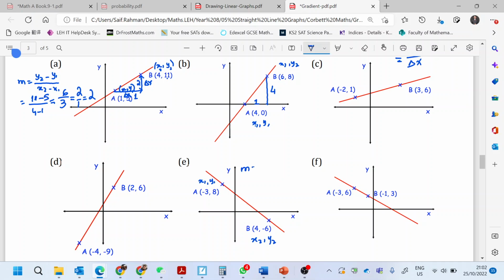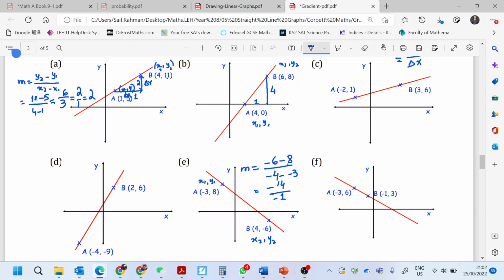So first, m is equal to y2 minus y1. y2 is minus 6 minus y1 which is 8, divided by x2 which is minus 4, minus 3. So this will be minus 8 and minus 6 will be minus 14, divided by minus 4 plus 3, which should give you the answer of minus 1.